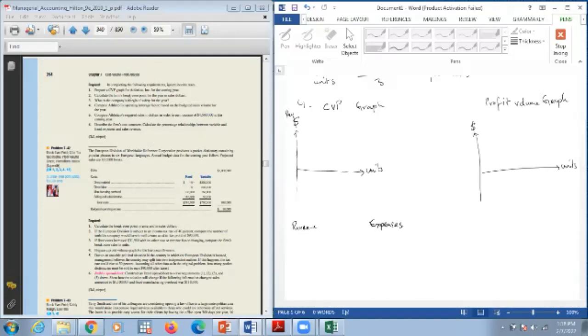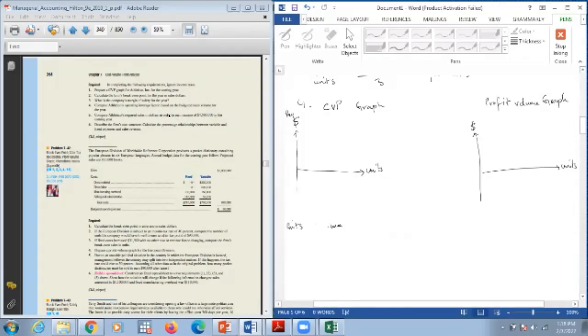We already know that on both of these graphs, our y-axis is always going to be dollars. And our x-axis, be careful with which units you'll be taking.